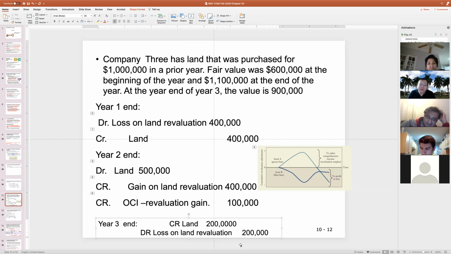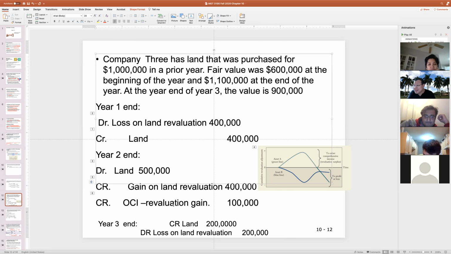Remember, you have a gain here. Before you recognize a loss, you have to get rid of all the gain, because this is the same asset. You can't say, I have a gain, but I recognize this loss. The loss has to net off the previous gain.